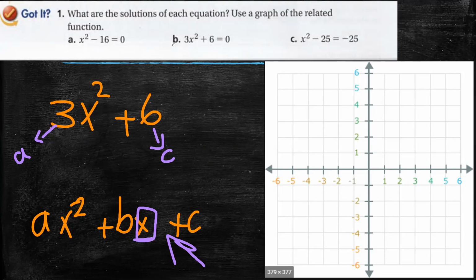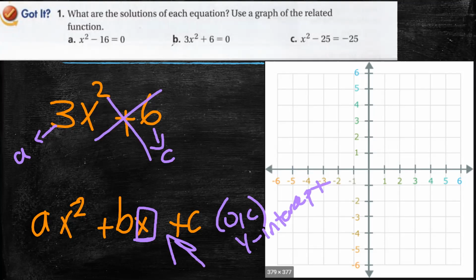I told you, if there's no b, the vertex will be 0, c. If there is a b, the y-intercept will be 0, c. But like this one, there's no b. So the 0, c now will be the vertex.